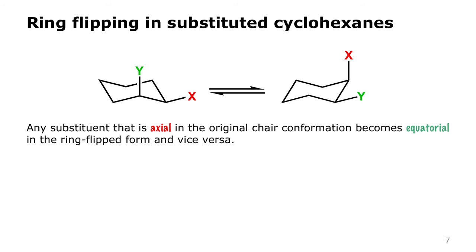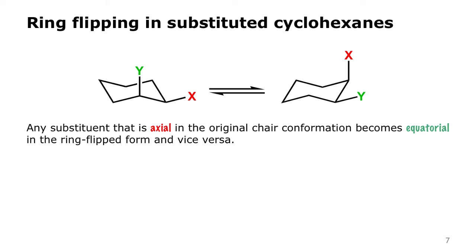One of the consequences of this is that anything attached to the ring is going to swap positions from axial to equatorial. So we look closely here at this example where we have these placeholder atoms, X and Y. In one chair conformation, we can see that Y lies in an axial position on the ring and X lies in an equatorial.